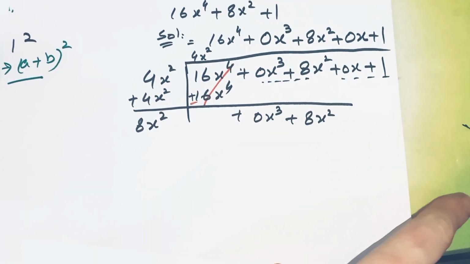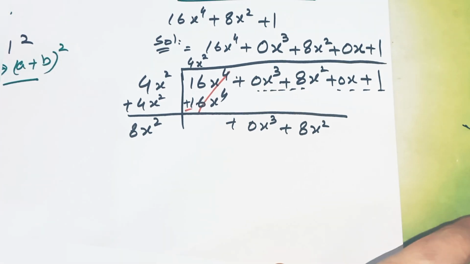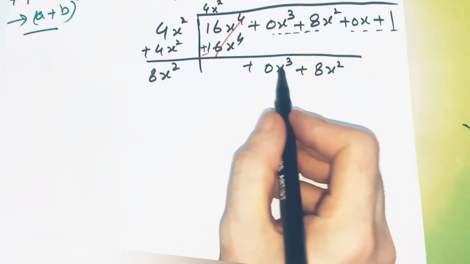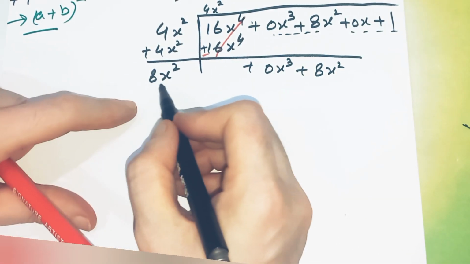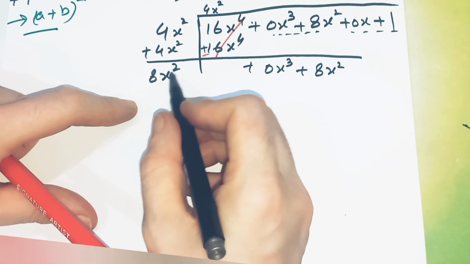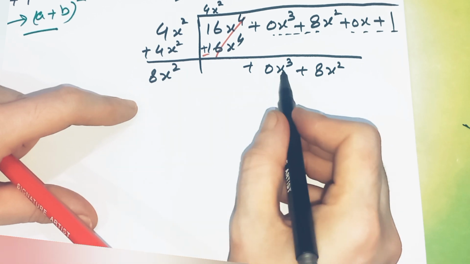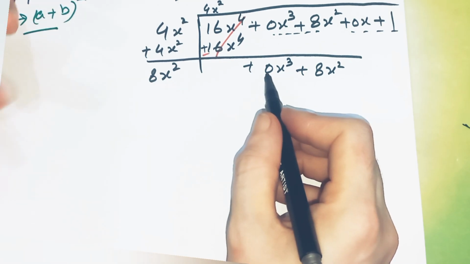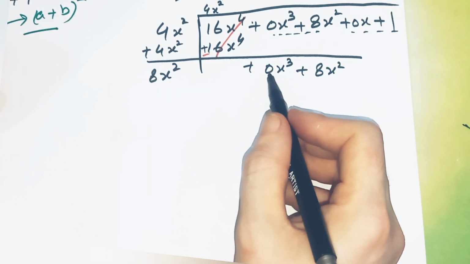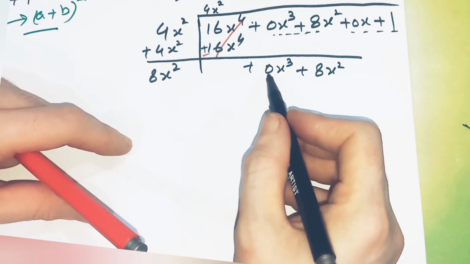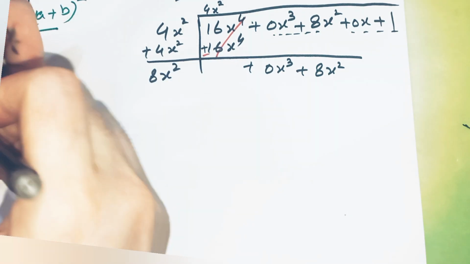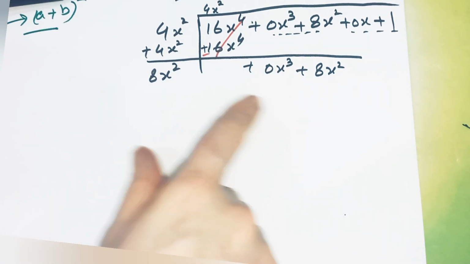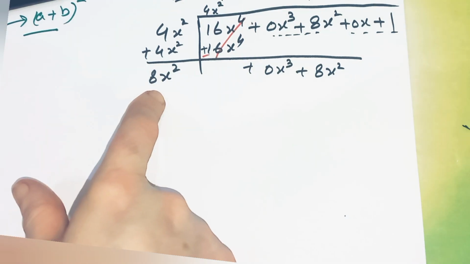All right, and next we solve here a 0, and here is 8x to the power 2. So by 8x square we make a term 0. How do we make a term 0? Here we multiply this by any term.